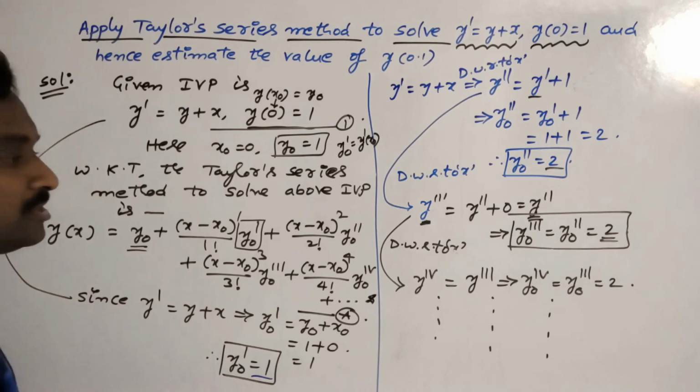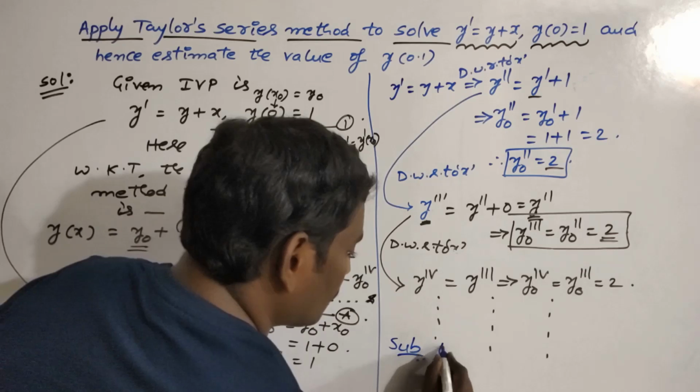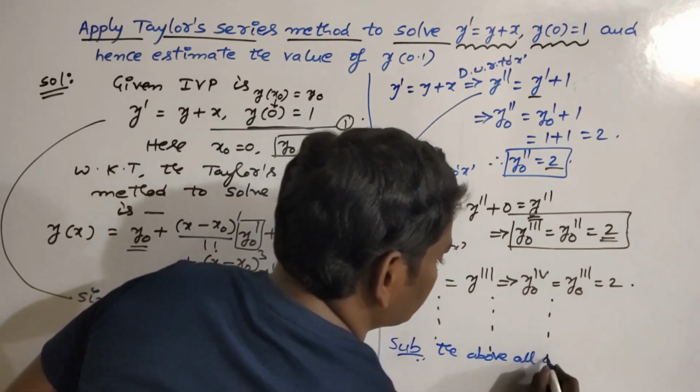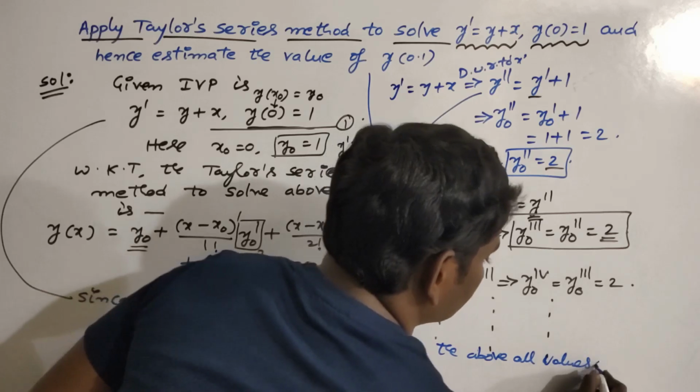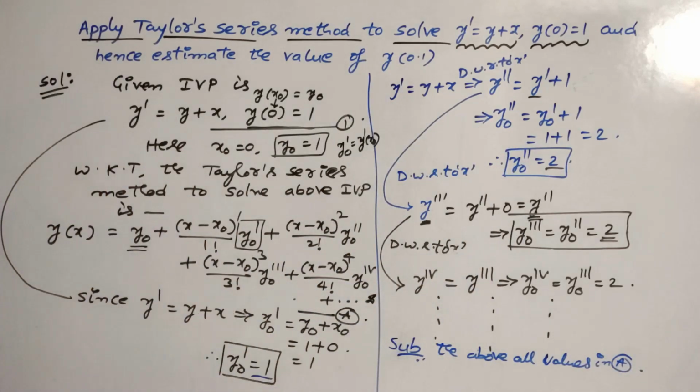Now we have to substitute all these values in the Taylor series method formula. You will get the required solution y of x for the given initial value problem.